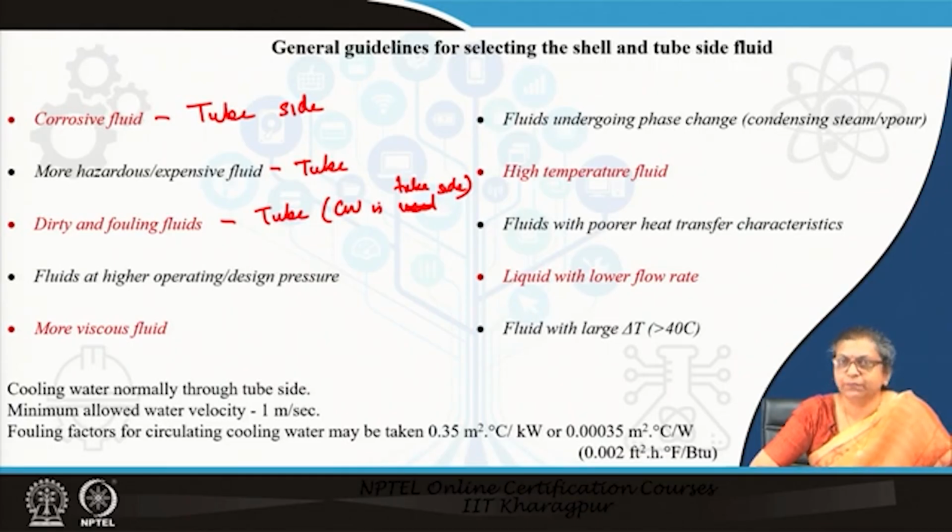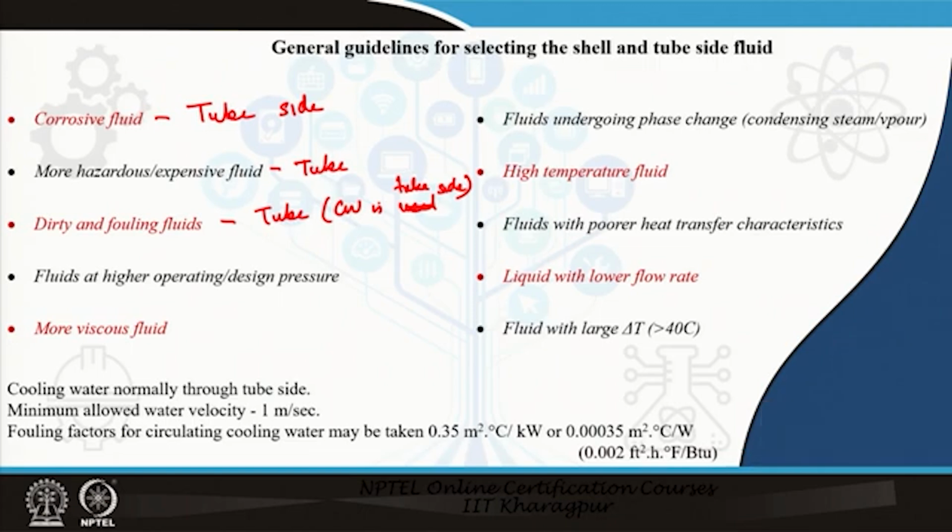When the tube diameter is lesser, naturally the velocity of the tube side fluid will be higher. When a fluid is flowing at a higher velocity, chances of depositing the solids etc. decreases. So for this particular reason again we prefer slurry to flow in the tube side.